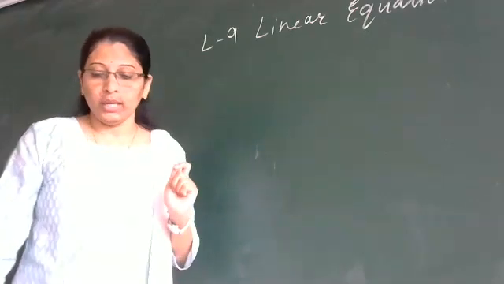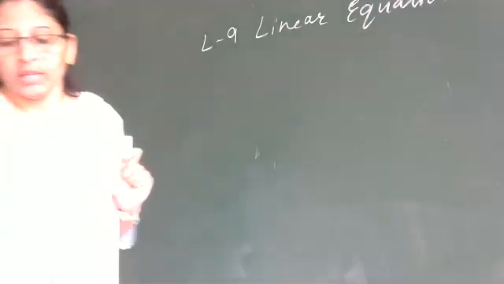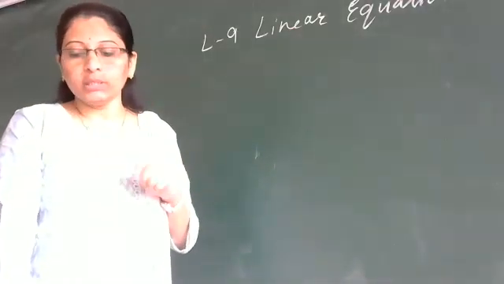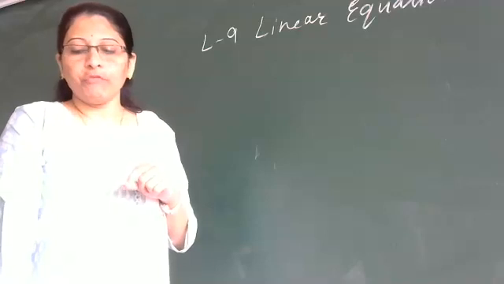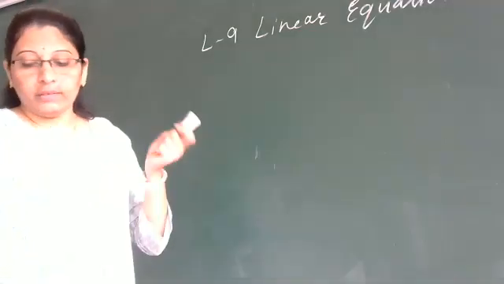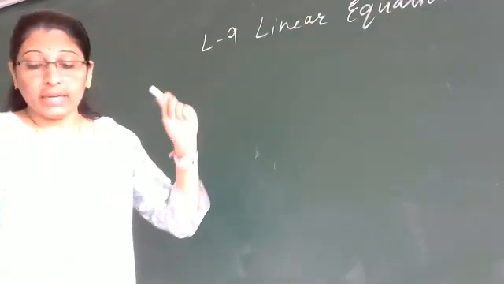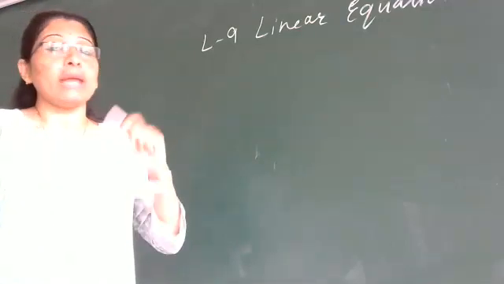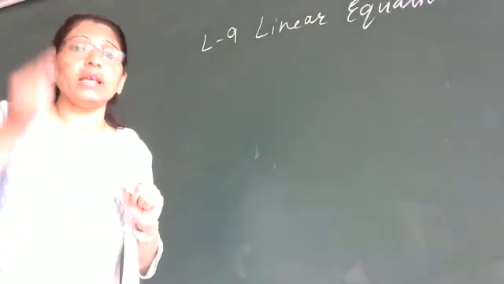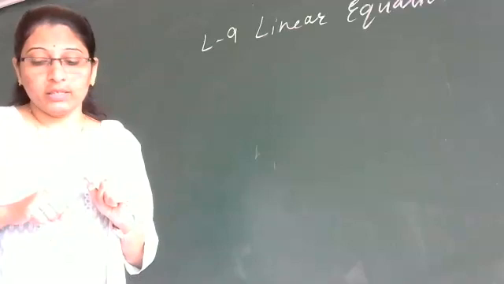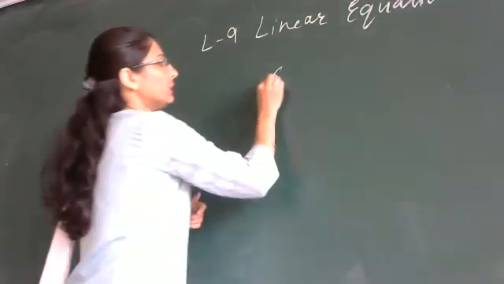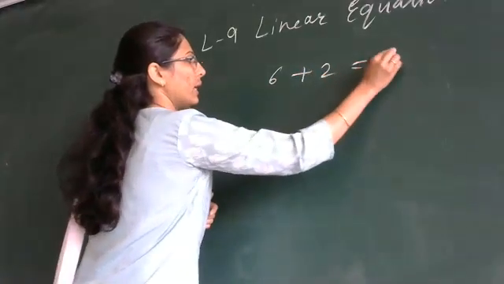The first rule is, if we add the same quantity on both sides of an equality, it stays equal. This means we have to add the same number to both sides, LHS and RHS. For example, 6 plus 2 is equal to 8.